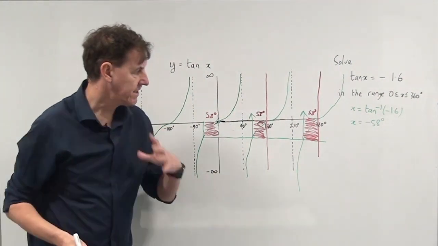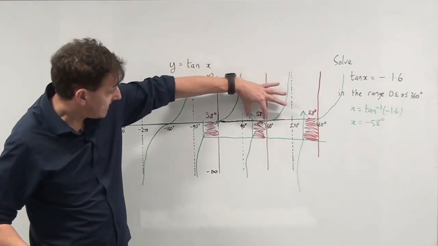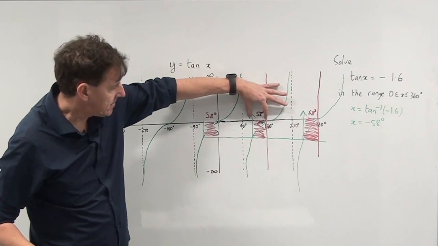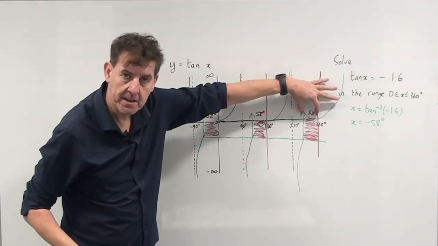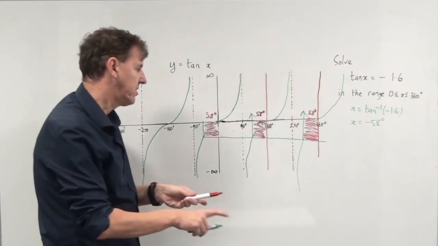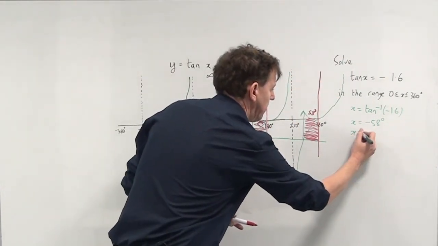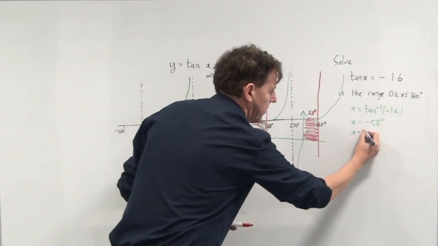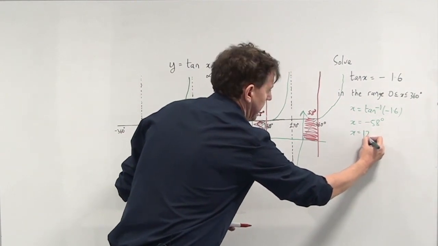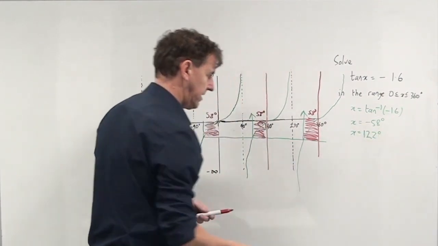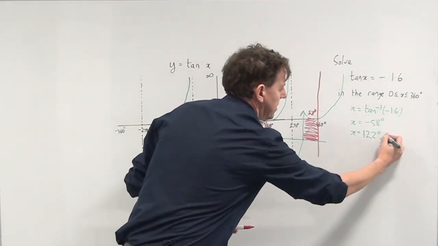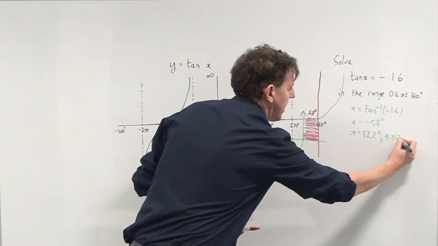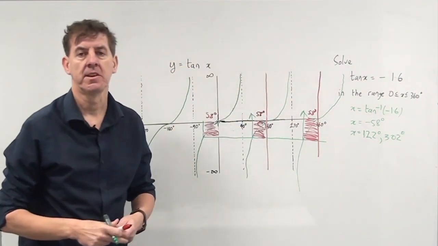So my two answers are 180 take away the 58 degrees, and 360 take away the 58 degrees. So my solutions are x equals 122 degrees, and 360 take away the 58 degrees, which comes to 302 degrees.